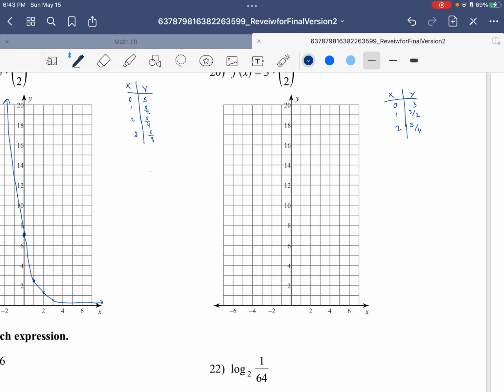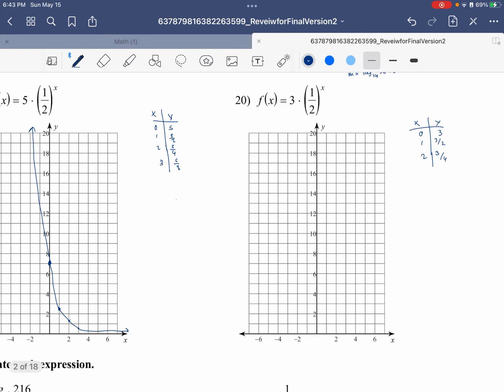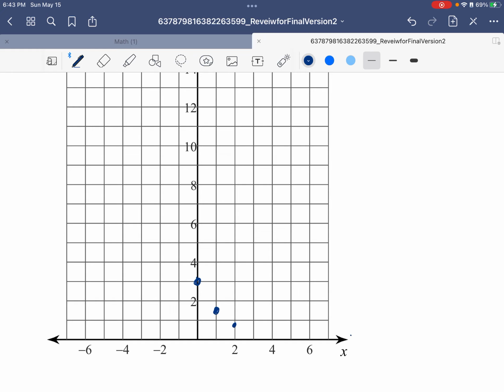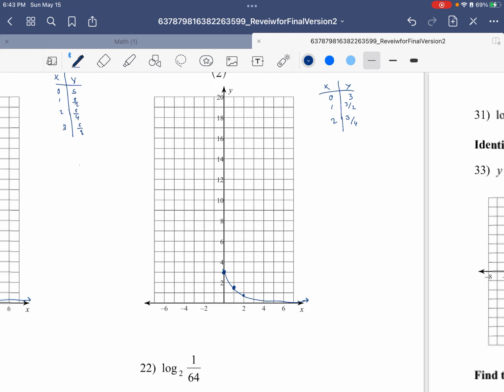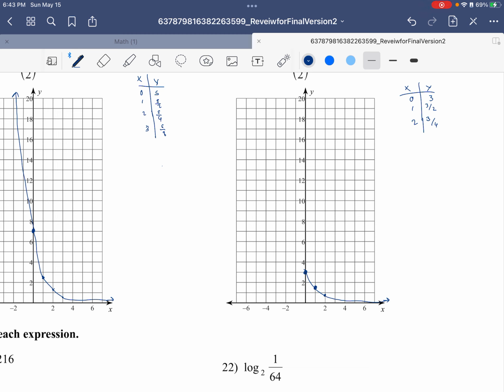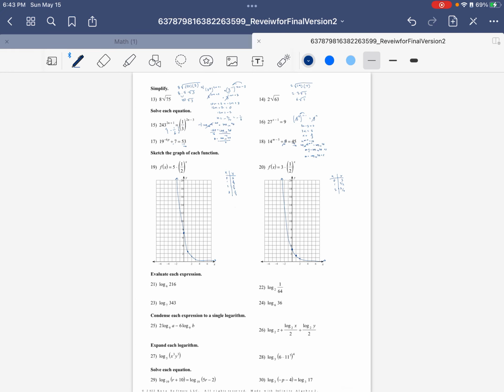So we have x is 0, y is 3, x is 1, y is 3 over 2, and then we have this here. Follow the points, get really close to the x-axis, and then increase at an exponential rate, which is literally just an estimate. And you're going to get that.